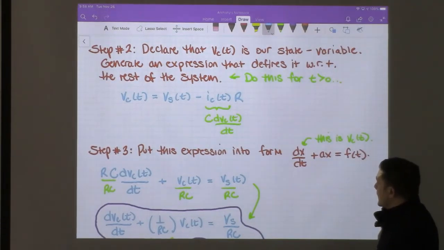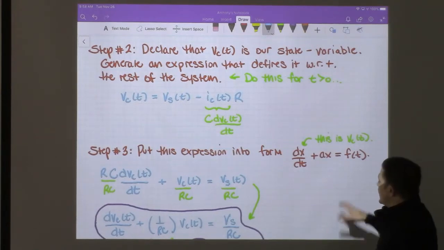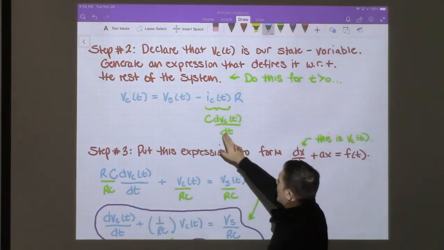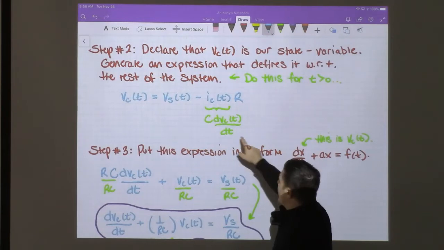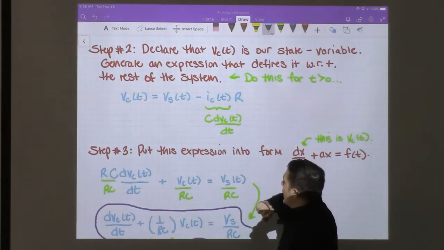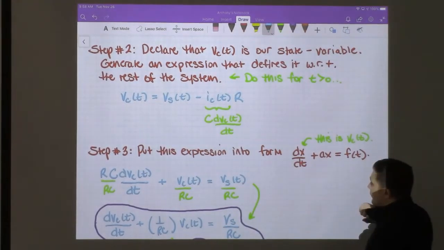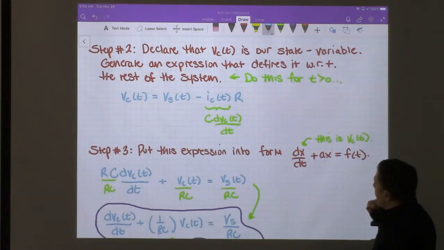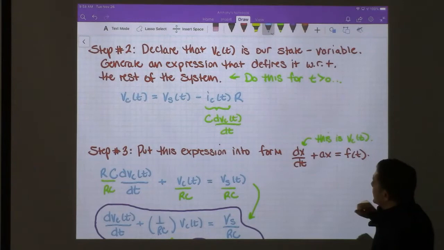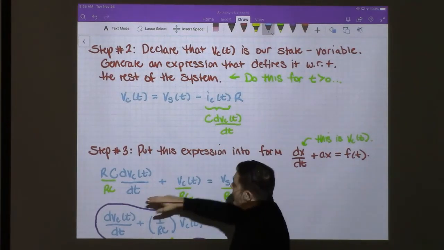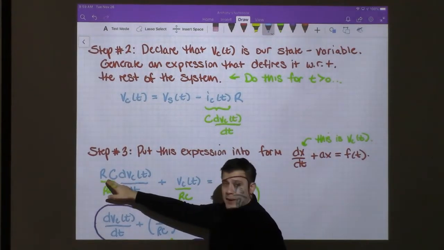Now, there's a couple of differences between this form and this form. One specifically is that our derivative has a coefficient. Actually it has two coefficients, R and C. So all we have to do really is divide by RC.